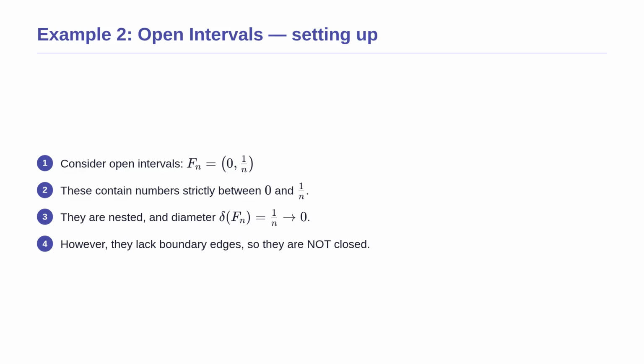This means they contain all numbers strictly between 0 and 1/n, but they do not include the exact boundary numbers. They are still perfectly nested, and just like before, the diameter is 1/n, which shrinks to 0. So the size condition is satisfied. However, because they lack their boundary edges, they are not closed sets. Let us see how this breaks the theorem.